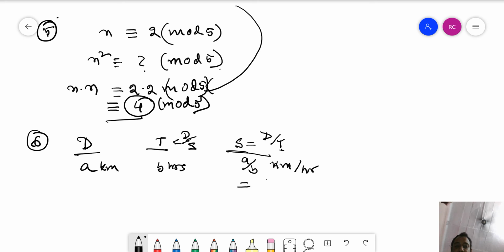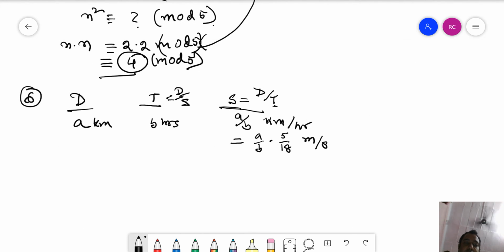and we convert it into meters per second, a by b into 5 by 18 meters per second, and we again convert it into hours. We don't need to convert it into seconds because we have to find the time in hours, as all the options are given in hours.